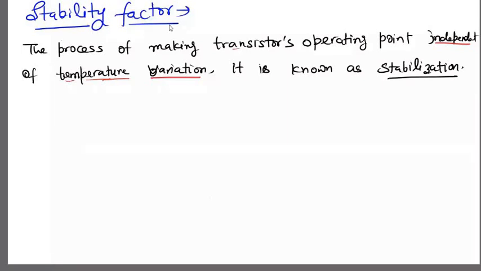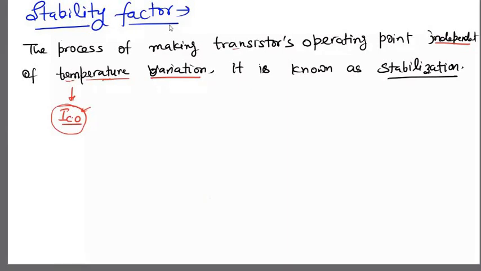In a transistor that current is known as ICBO or ICEO. This is a temperature dependent current. So in short, we are saying that we are making the transistor's Q point independent of ICO variations.